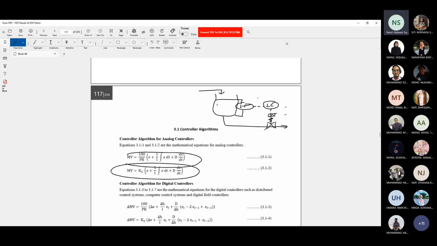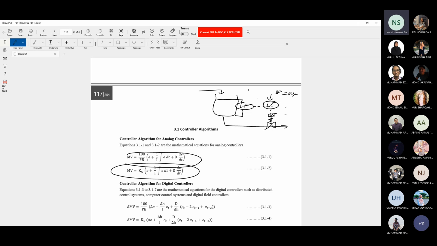Okay, so for the controller, this formula is related to this system. For example, you want to make sure the level of the tank is 10 meter. So you need to input the set point into the controller setting. Set point is equal to 10 meter.